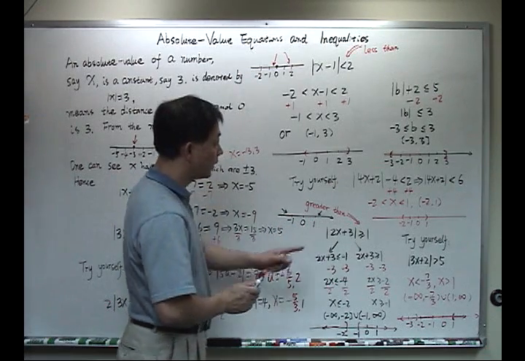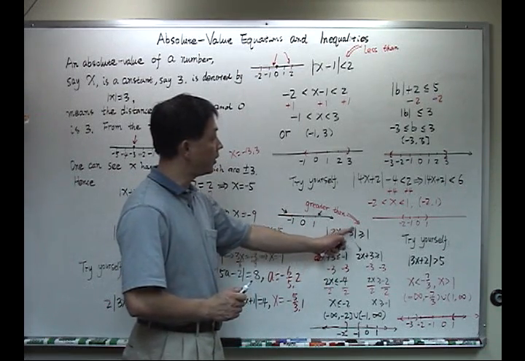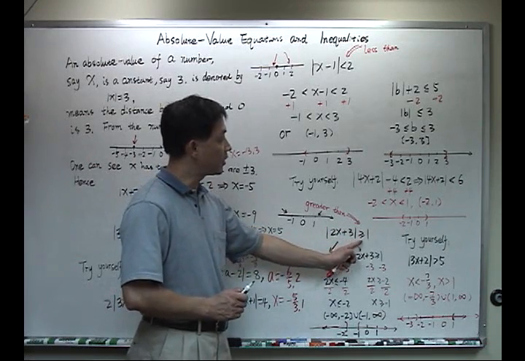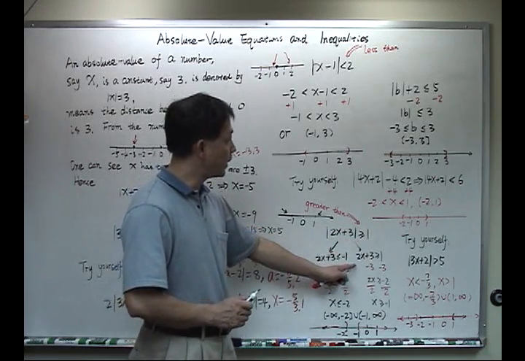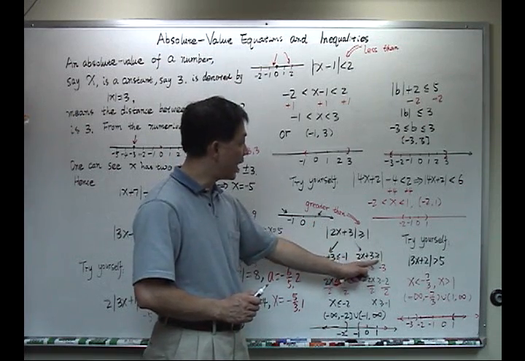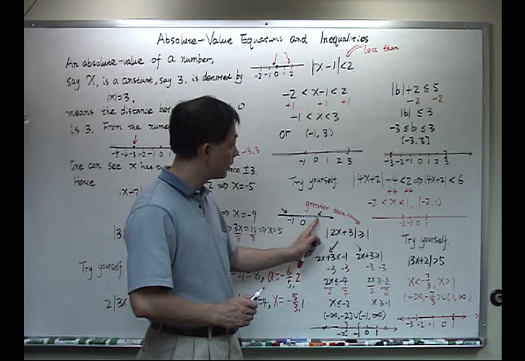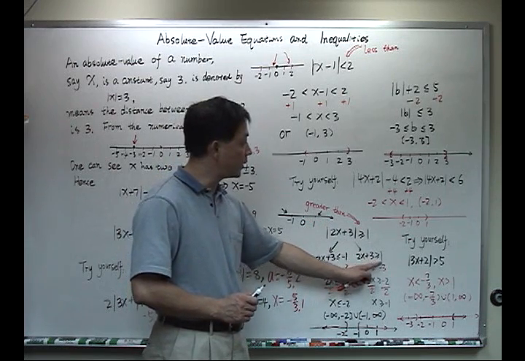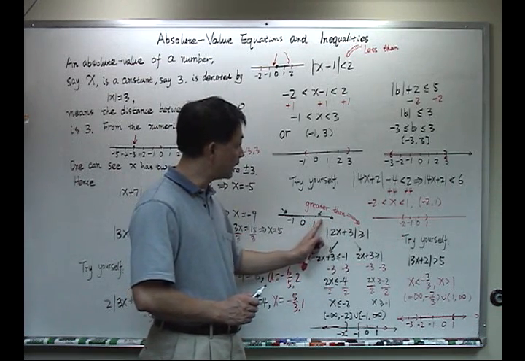Okay? So here it says 2x plus 3, this quantity with distance greater than 1, then 2x plus 3 must be somewhere on the right-hand side of 1. 2x plus 3 greater than 1 means this side.